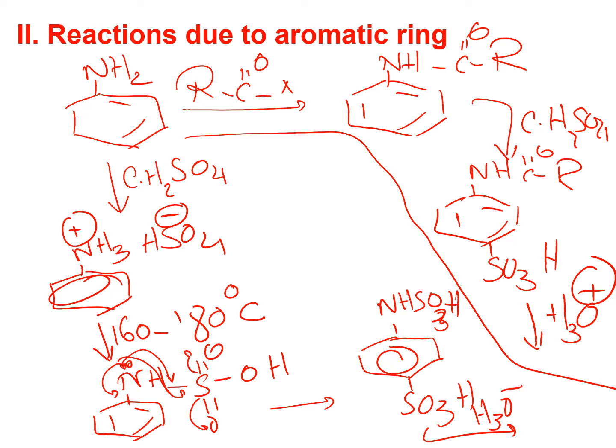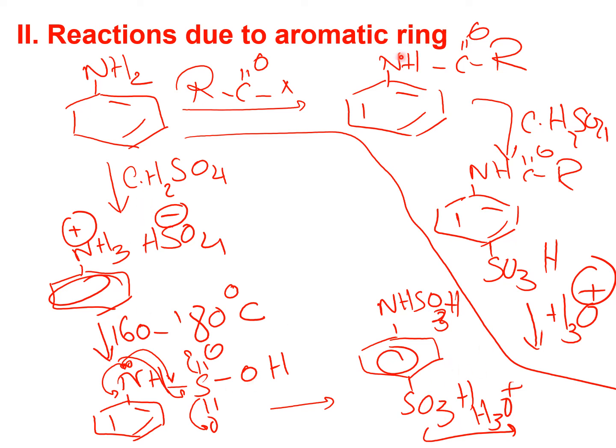If you look at this reaction, you have actually done two reactions rather than three. In the case of acylation, you have performed acylation, sulfonation followed by hydrolysis. In the case of using conc sulfuric acid and heating at 160 to 180, you have actually performed just the sulfonation followed by the hydrolysis.